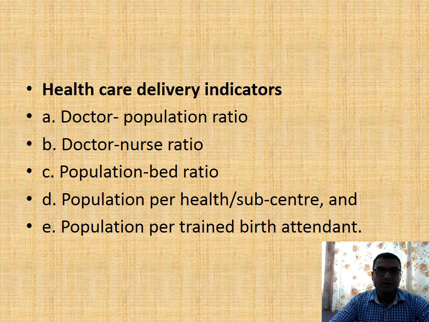These reflect the equitable distribution of health resources in different parts of the country. These are doctor population ratio, doctor nurse ratio, population bed ratio, population per health sub-center and population per trained birth attendant. So far we have discussed all the indicators which are morbidity related.